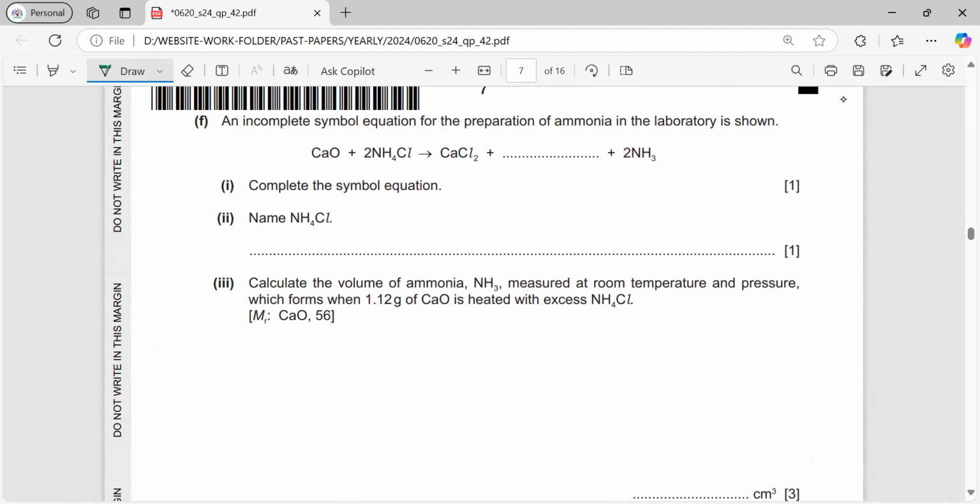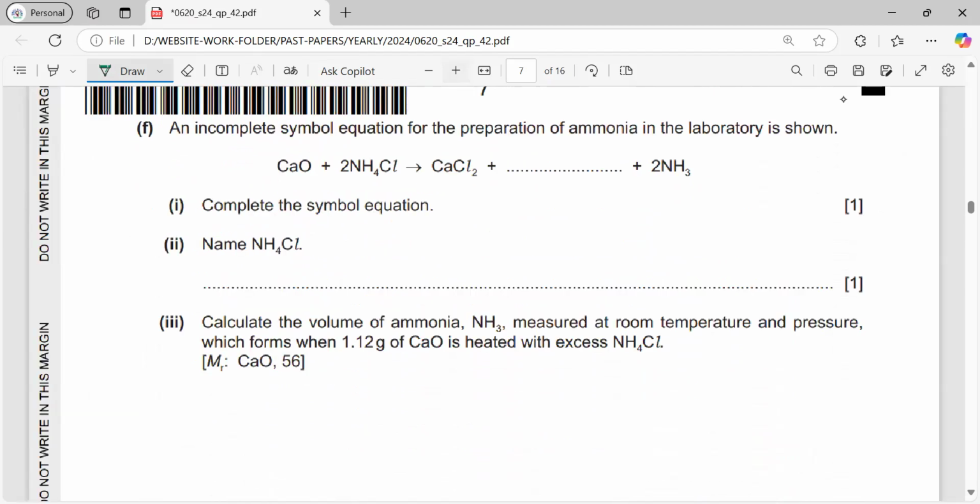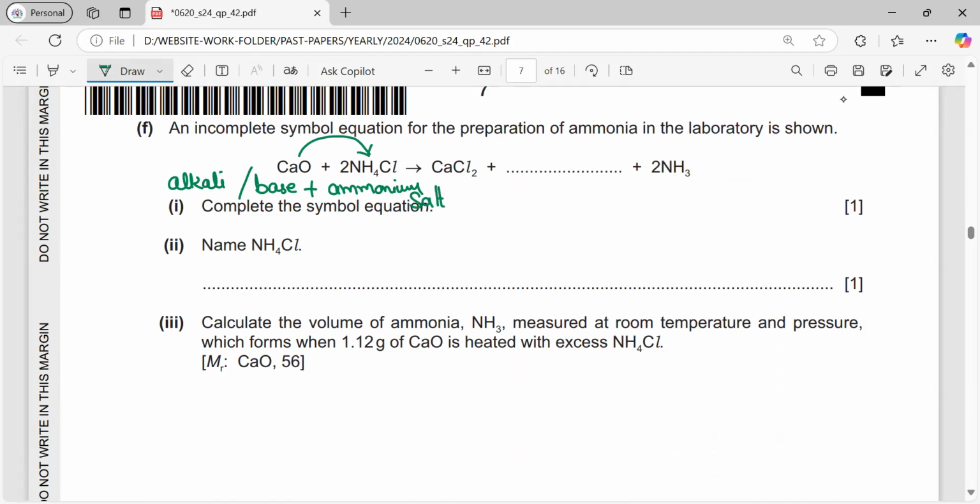An incomplete symbol equation for the preparation of ammonia in the laboratory is shown. Complete the symbol equation. Now, we have calcium oxide, ammonium chloride, and calcium chloride. So, when calcium oxide reacts with ammonium chloride, whenever a base or an alkali reacts with any ammonium salt, and ammonium chloride is an ammonium salt, it always gives salt plus water plus ammonia.